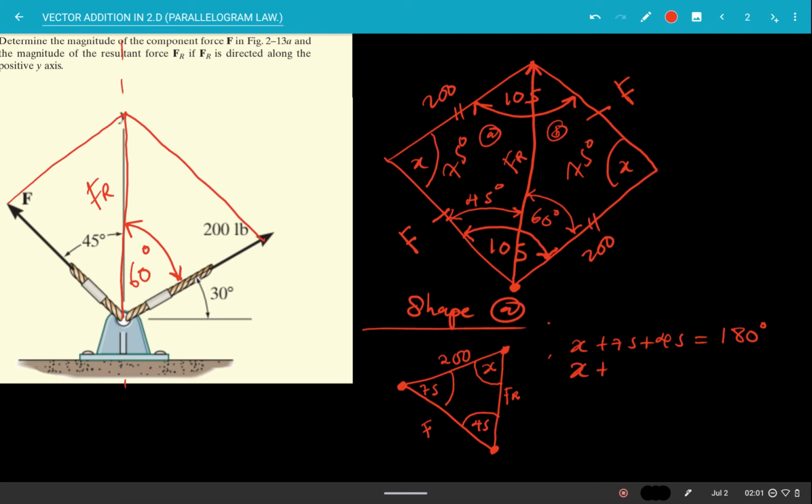So 75 plus 45 will give you 120 degrees, and this will equal 180. So if you solve for X, this will be 180 minus 120. So X is equal to 180 minus 120, which will simply be 60 degrees. This simply means that what you have here is 60 degrees.